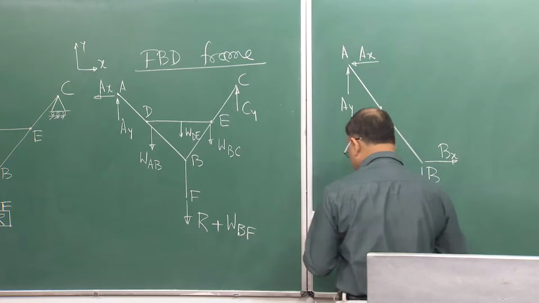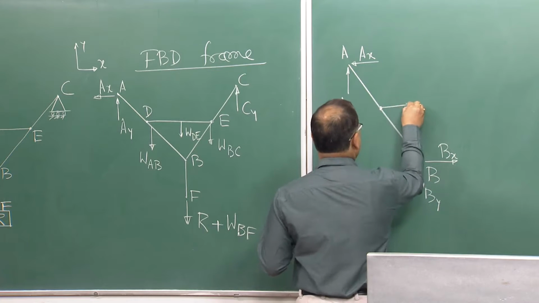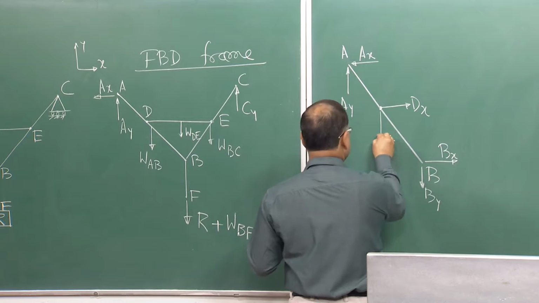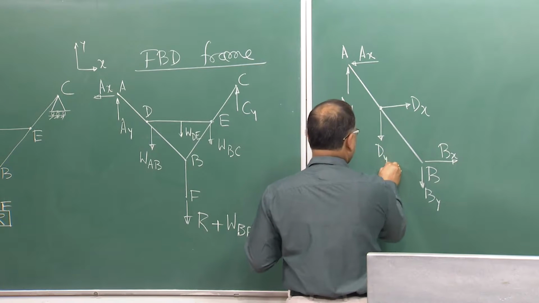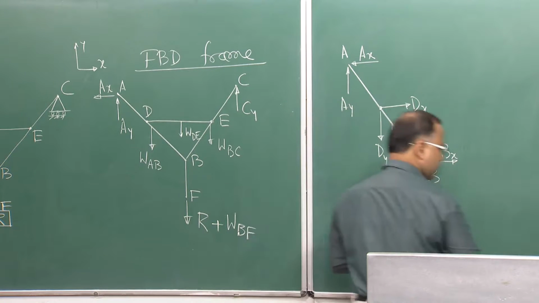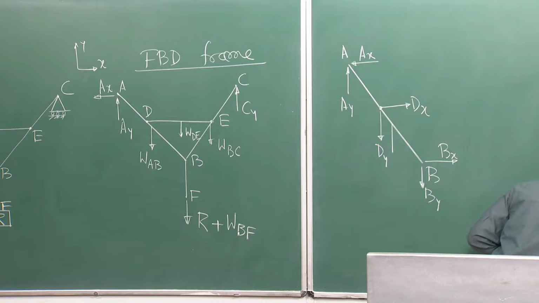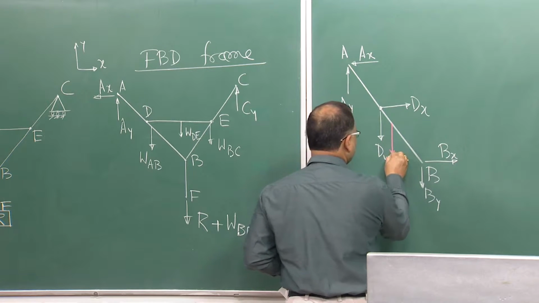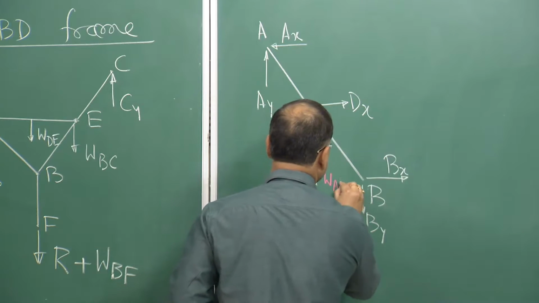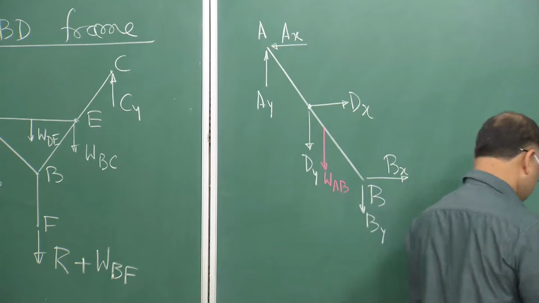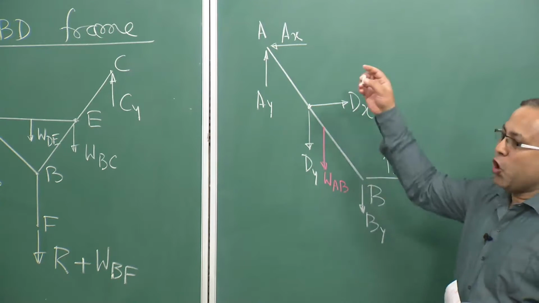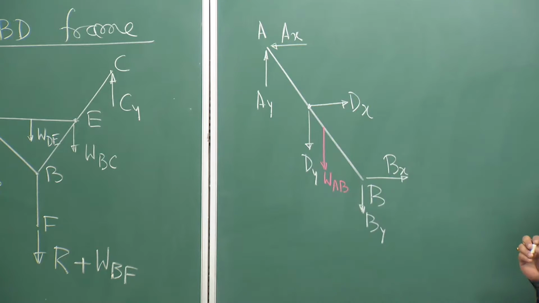So, I can resolve it simply into Dx and Dy, and of course, I can use a different color for the weight. Of course, I have WAB. So, this is the free body diagram of the member AB.